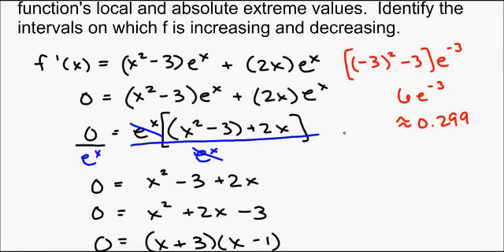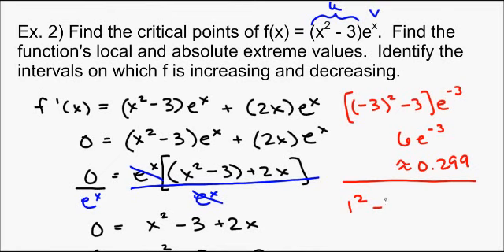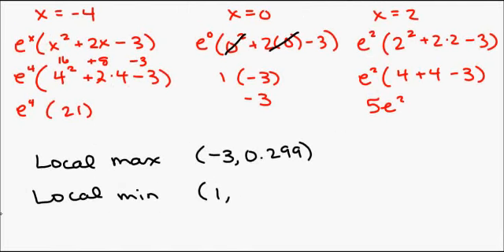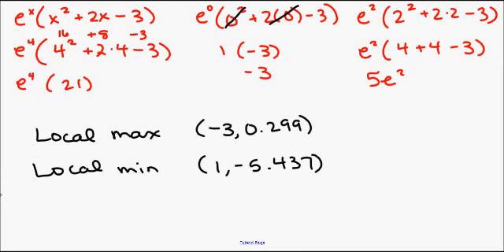If I plug in a 1, I'm going to get 1 squared minus 3 times e to the 1. So I get negative 2e, which is approximately equal to negative 5.437.